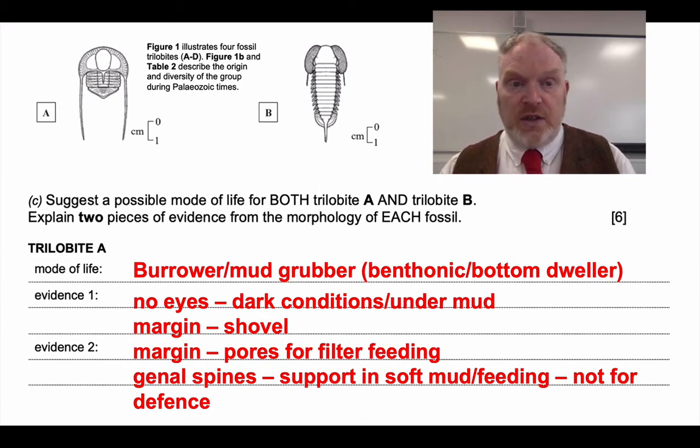That margin and the spines coming back off it may be used to support the weight of the animal in very soft mud. Any two of those will get you the marks. Key thing there is to make sure you've explained the evidence. You don't just state it.